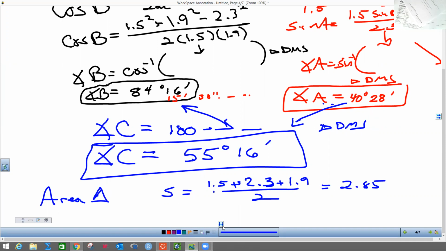Now, if I were you, you're going to hit a square root button.